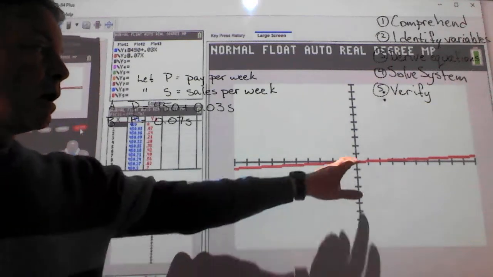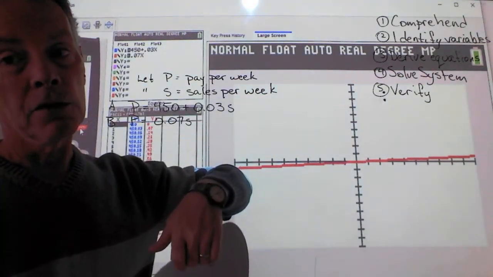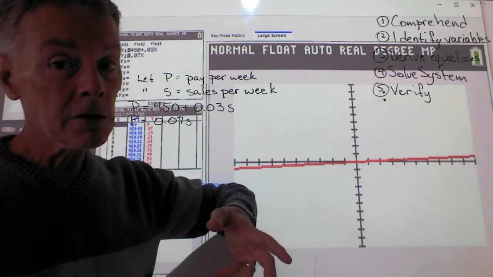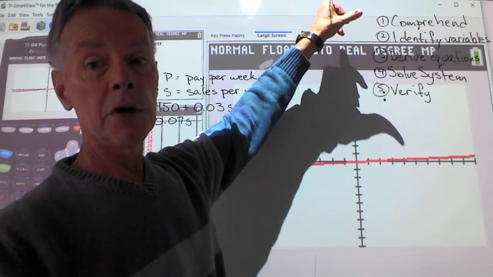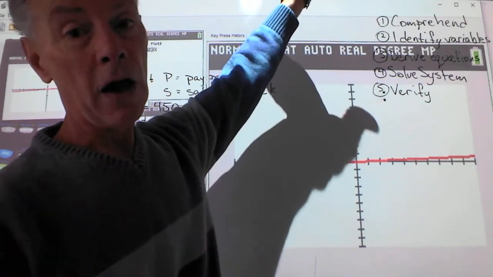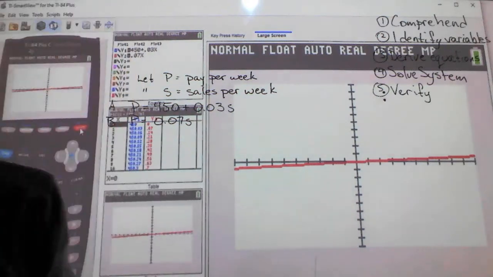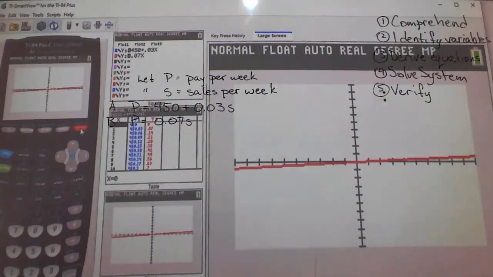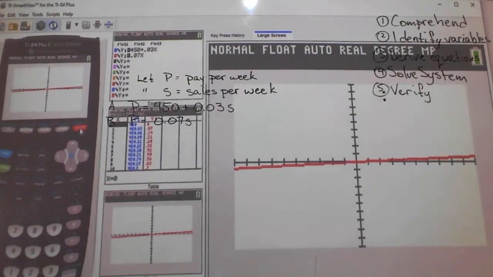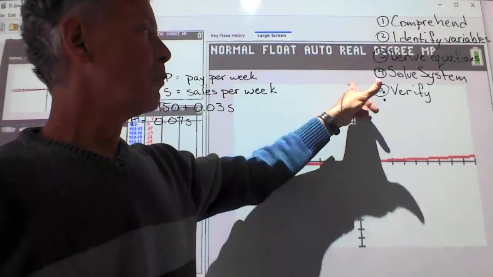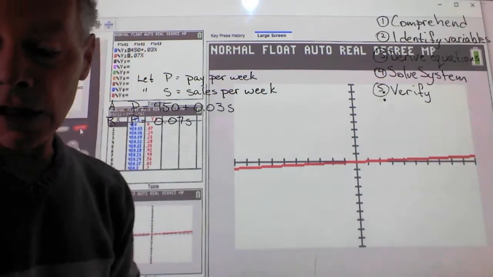Now, our graph only goes to a y value of 10. So, it's not that the line isn't there. The line is way up there somewhere, kind of beyond the roof and up into the sky. So, we're going to have to change our window setting to bring it back down. If we have a y-intercept of 450, we've got to have a maximum y value of greater than 450. Otherwise, we'll never see the line.